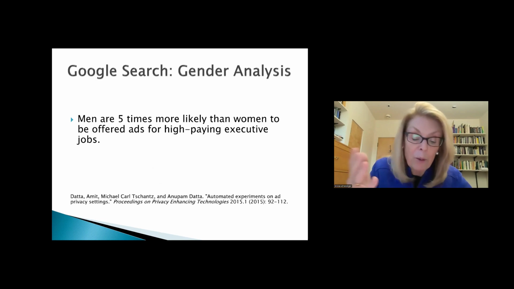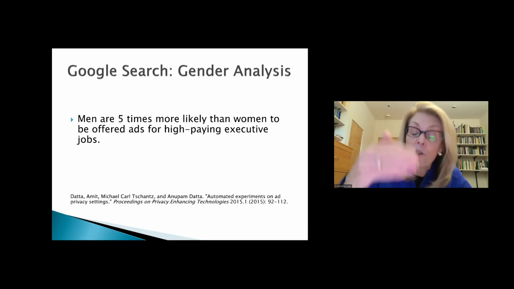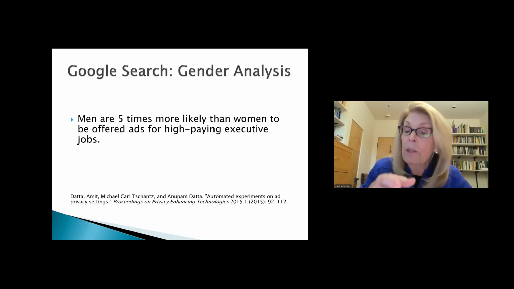And we know that is because of the data and then the algorithms. Men in the US, on average, are paid 20% more than women. So the algorithm has been designed to get the ad to the right person, and in this case, a high-paying job would go to a man. So it's a great analysis, but it's a single issue analysis.